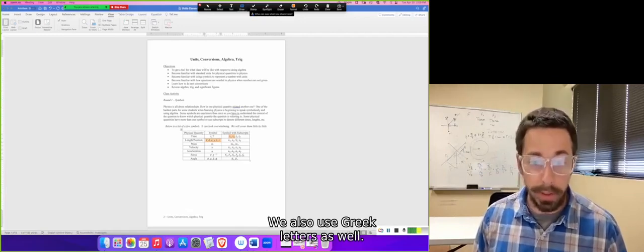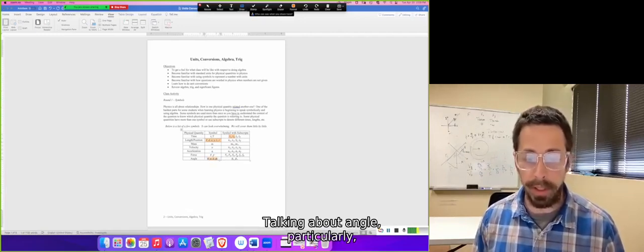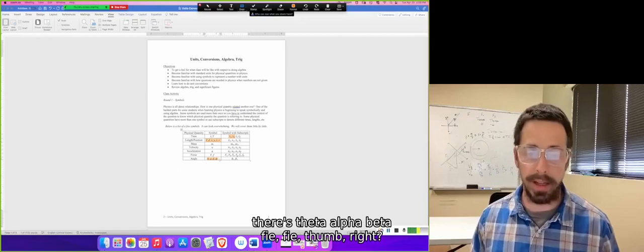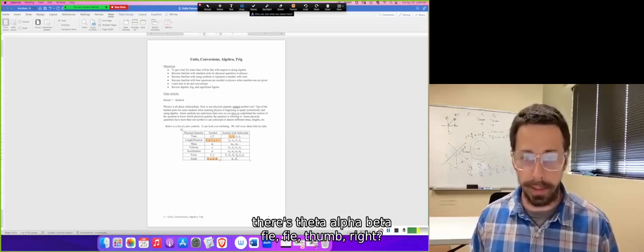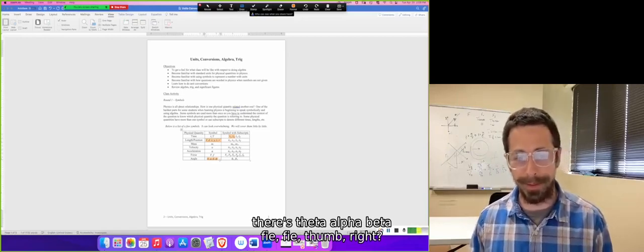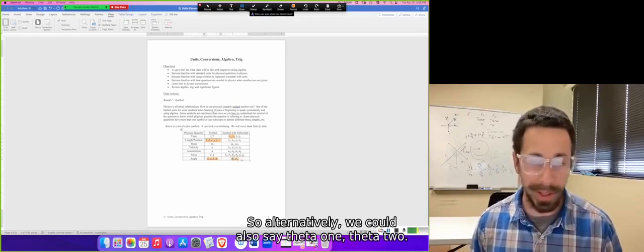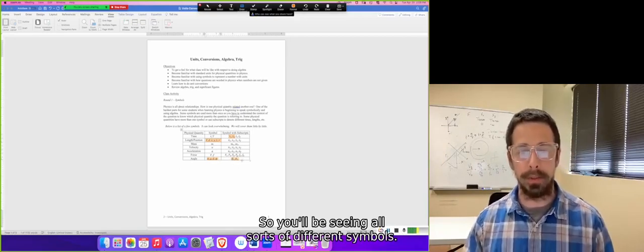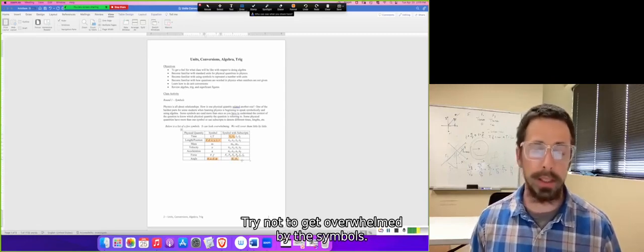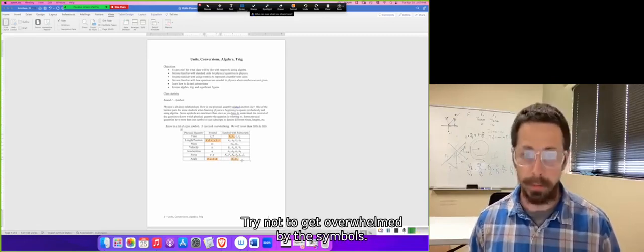We also use Greek letters as well. Talk about angle particularly. There's theta, alpha, beta, phi, and so on, right? So alternatively, we could also say theta 1, theta 2. Okay, so you'll be seeing all sorts of different symbols. Try not to get overwhelmed by the symbols, right?